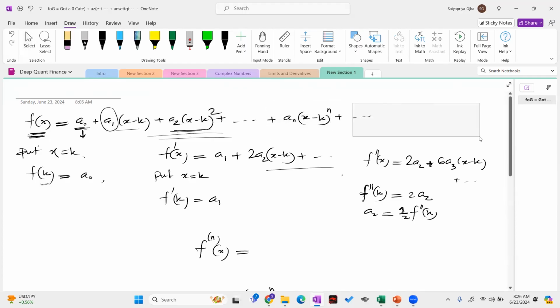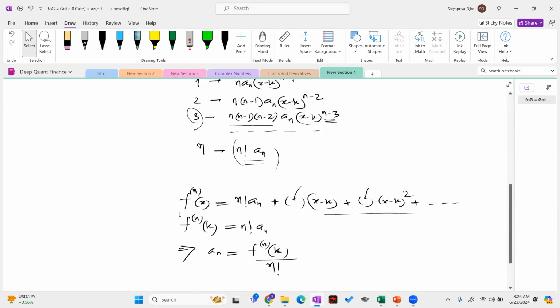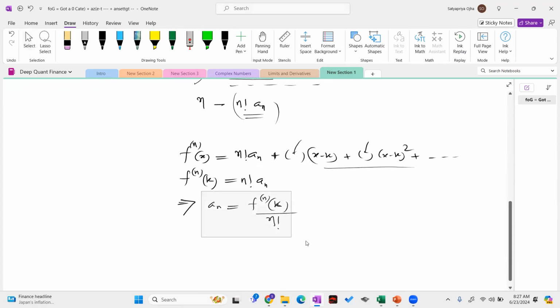Anything above that still remains, but they remain with a term x minus k, x minus k square, x minus k cube, and those will drop off when I put x equal to k, because they contain the term x minus k. So they drop off later. And then finally, I'm left with these coefficients. So this is extremely interesting. Okay, so you're clear with this derivation? Any questions?